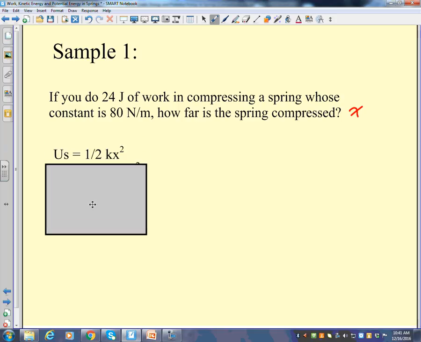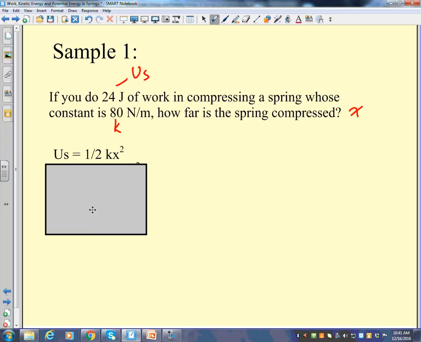US equals 1/2 kx squared. 24 joules of work. The spring constant is 80 newtons per meter, so this is the K. And the work is going to be the US, because that work is transferred to spring energy.